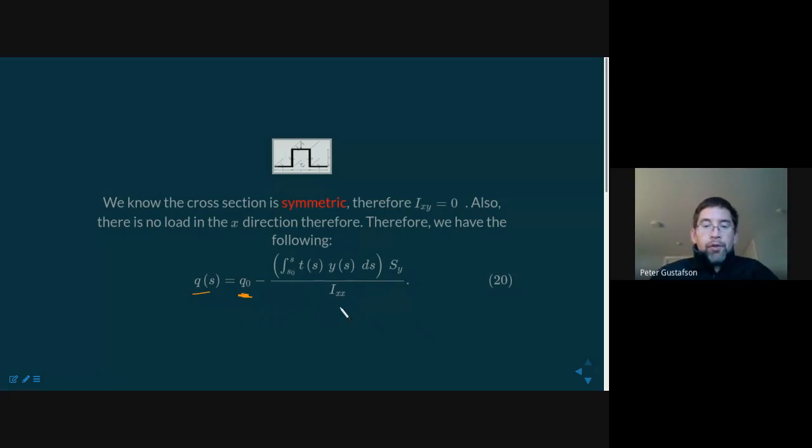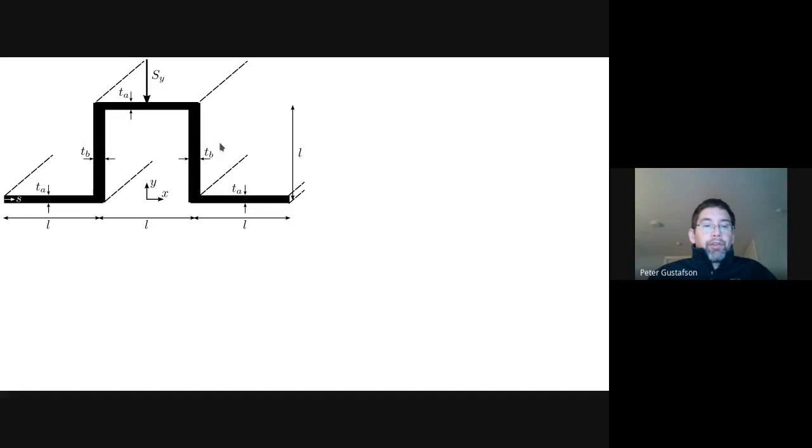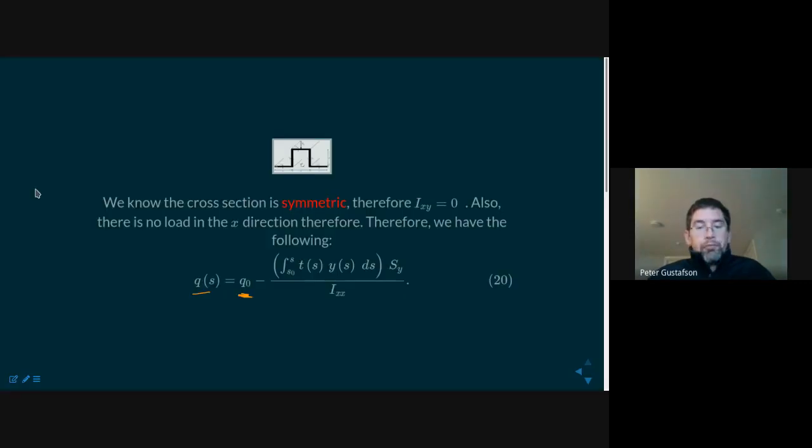And then we began to do this problem. Again, a simple problem. This cross-section, this load, one of the things we found was at the boundary where S equals 0, the shear flow was 0 because there's 0 shear stress at that point. And so in this particular example, at one edge, we could say that Q0 was 0.